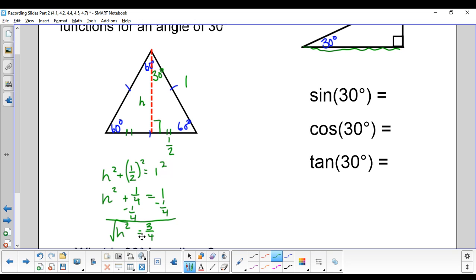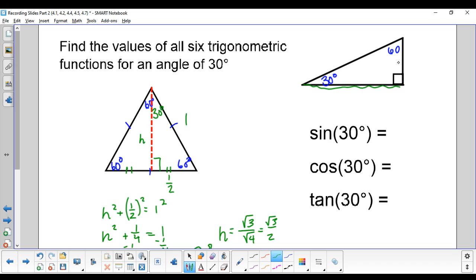Taking the square root of both sides, again needing to simplify those radicals, gives me h equals the square root of 3 over the square root of 4, or just the square root of 3 over 2. So I've now figured out that I have this 30, 60, 90 triangle, and my side lengths are going to be 1, 1/2, and the square root of 3 over 2.